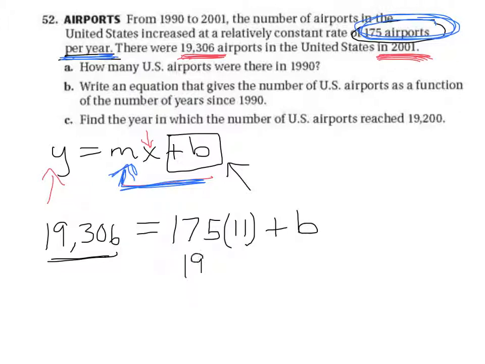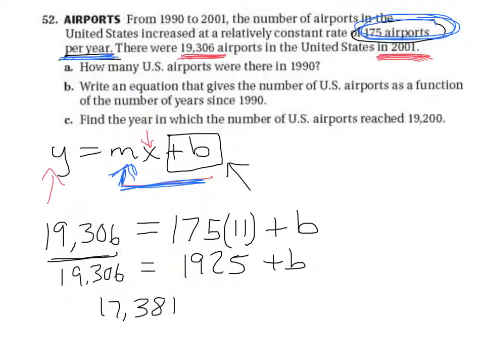And it looks like this number is 1925 plus B equals 19,306. And if we subtract 1925 from 19,306, it looks like the answer is 17,381. That's how many airports you started with in 1990.